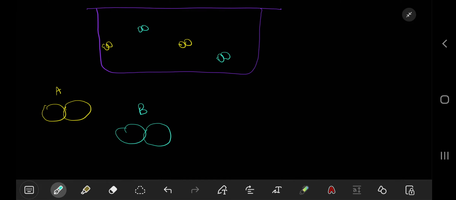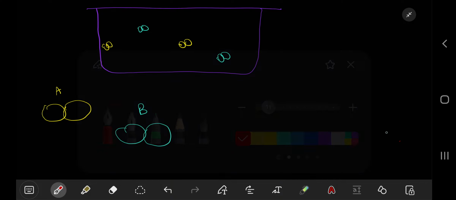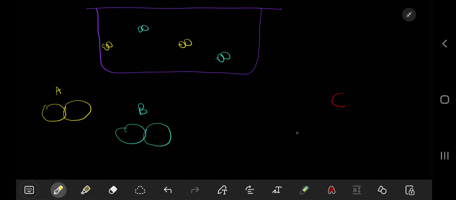So now for this reaction to occur, this atom of A must combine with this atom of B to get a product. Let's say our product is C. So it means C will have an atom of A combined with an atom of B. This is our product that we are trying to make.